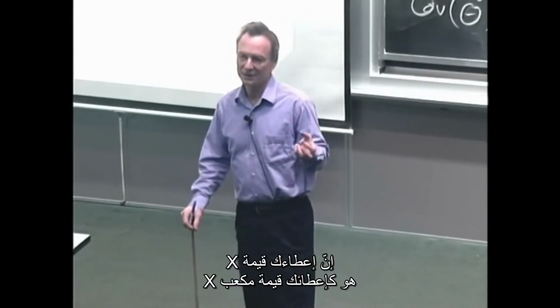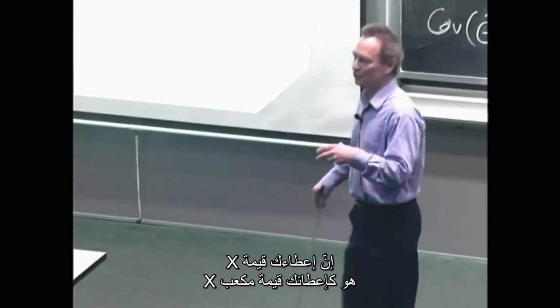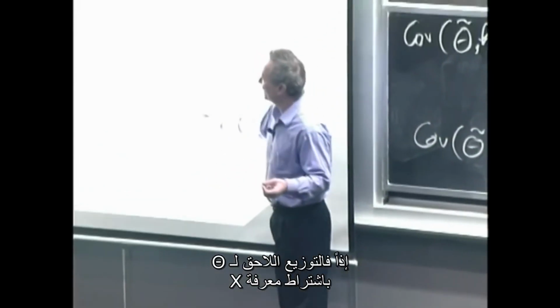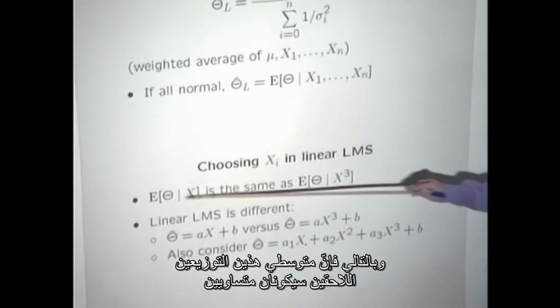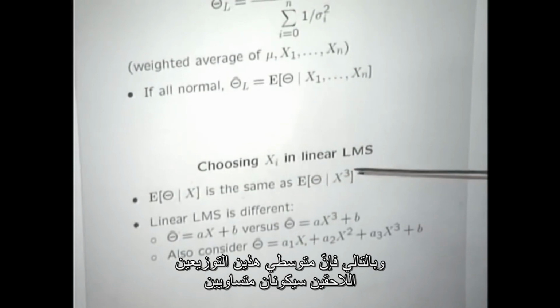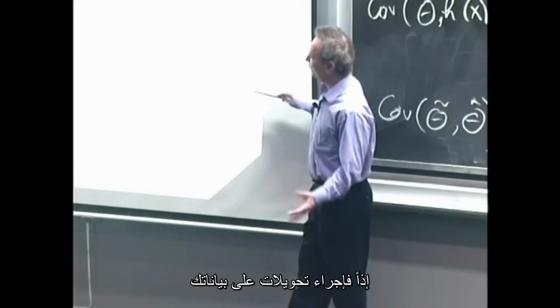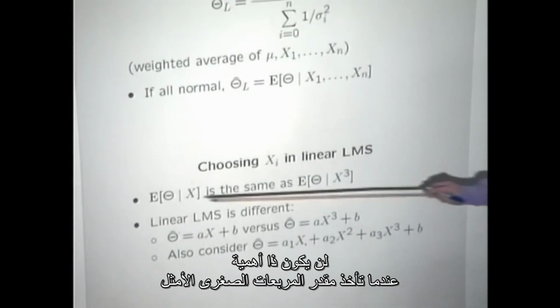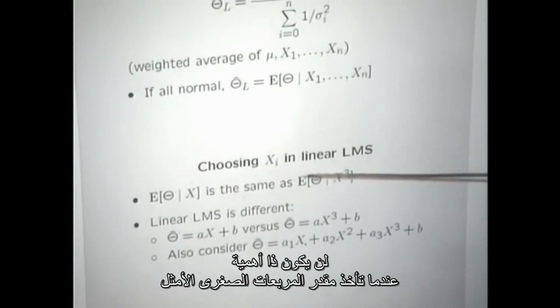Telling you x is the same as telling you the value of x cubed. So the posterior distribution of theta given x is the same as the posterior distribution of theta given x cubed. And so the means of these posterior distributions are going to be the same. So doing transformations to your data does not matter if you're doing optimal least squares estimation.